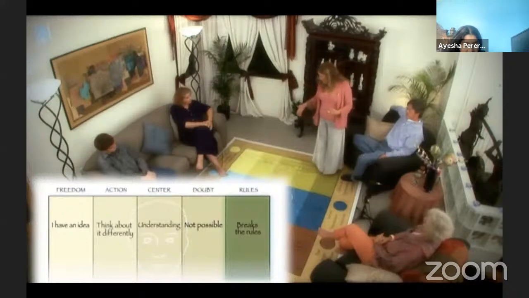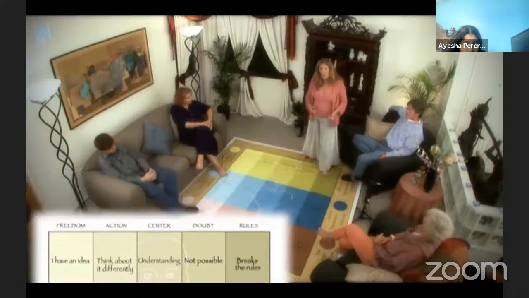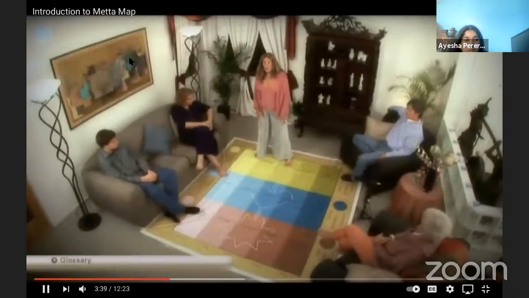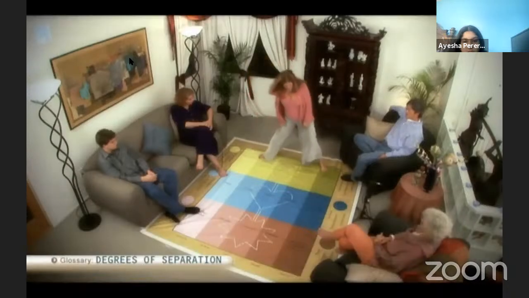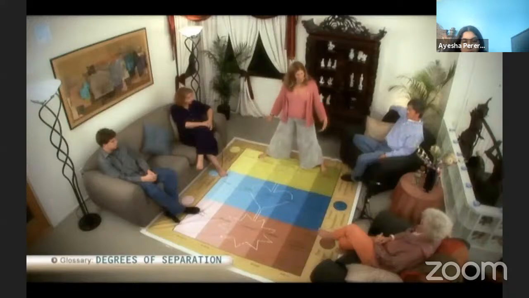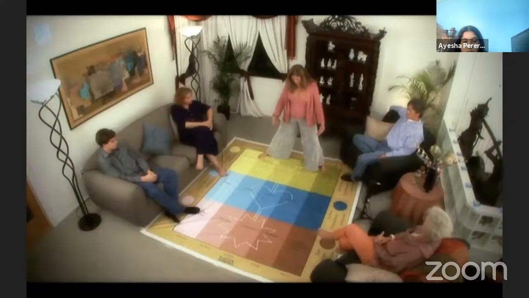So while we're here, let's examine what is conflict. Conflict is four degrees of separation. I have an idea that breaks the rules. As I stay stuck in this place, there's a great deal of tension.